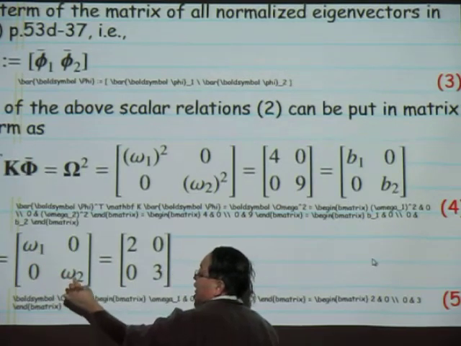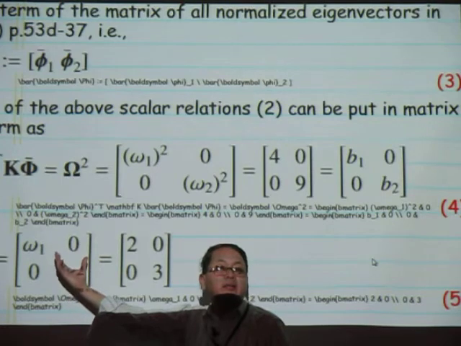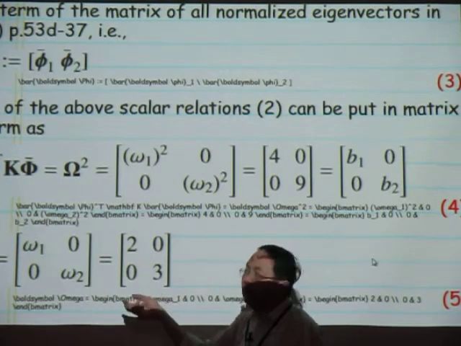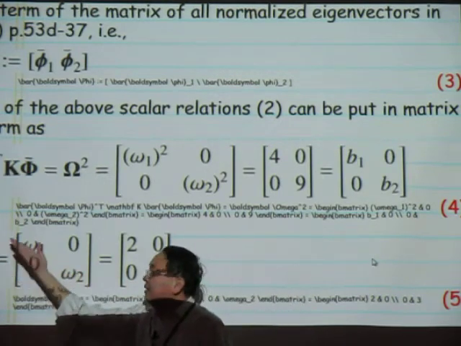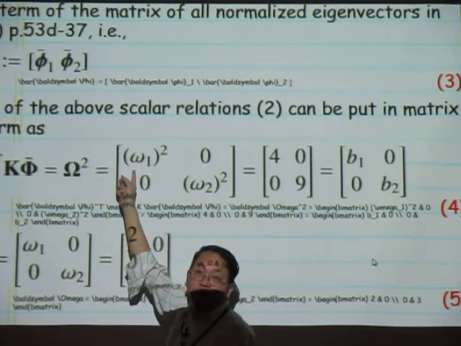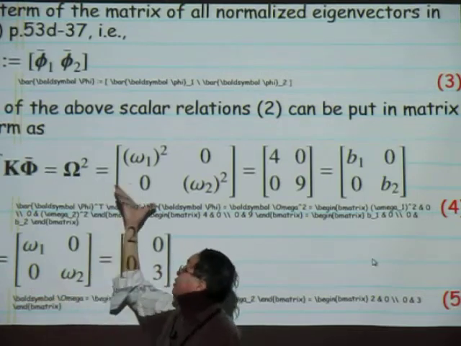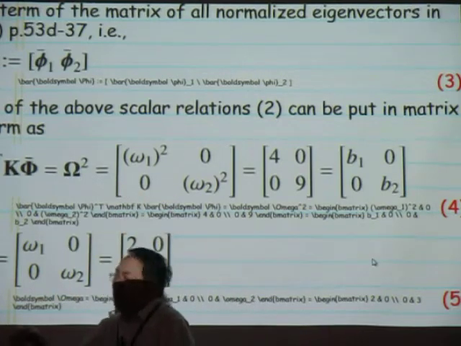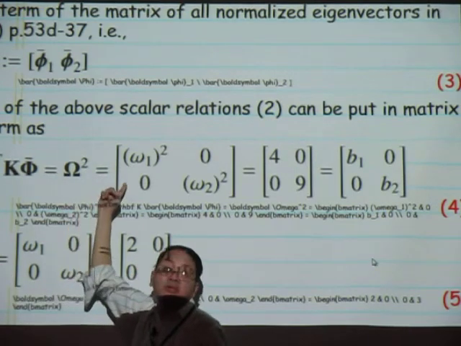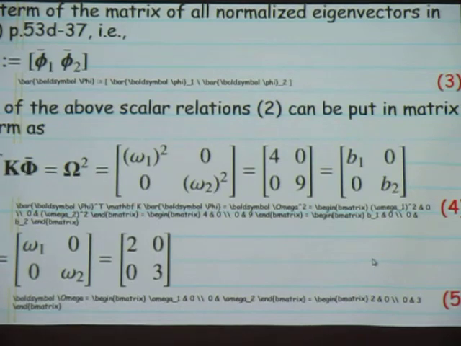You have omega 1 and omega 2, and these are the vibration circular frequencies. You can verify that if you take a diagonal matrix and multiply by itself, then the diagonal coefficients would be squared. So take this matrix, multiply by itself, you should get this one. In other words, the matrix gap omega is the square root of this diagonal matrix.